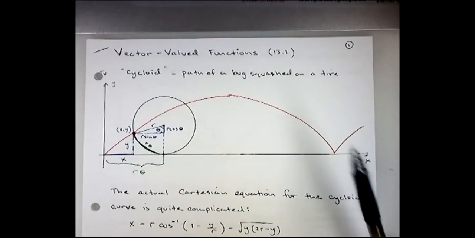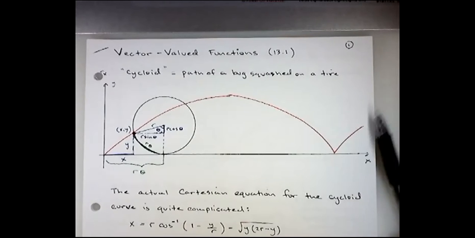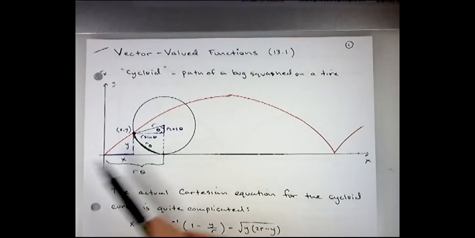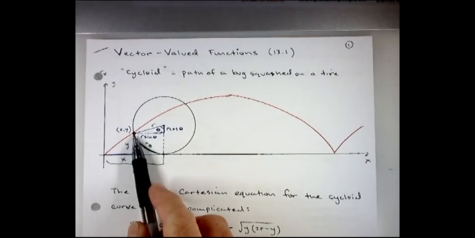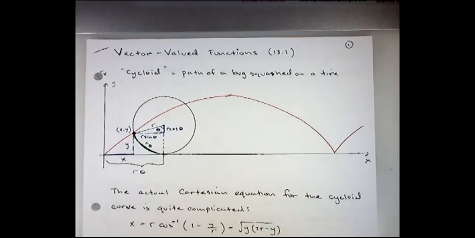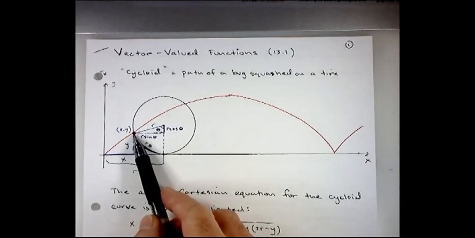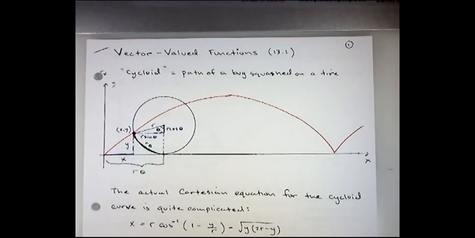So I'm going to start, because whenever I get a chance to, this is one of my favorite examples to talk about. A vector-valued function can be used to describe a curve in space, and a very interesting curve is called the cycloid. As the name kind of implies, like a bicycle, you could think of it as the path of a bug that gets squashed on a tire.